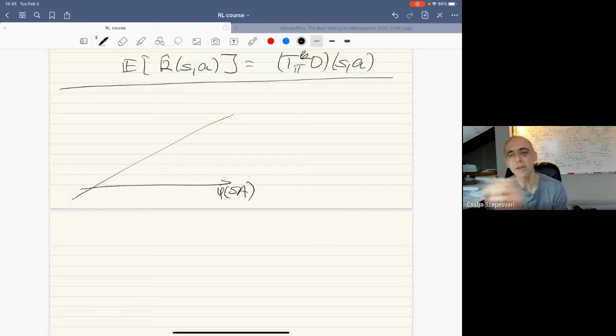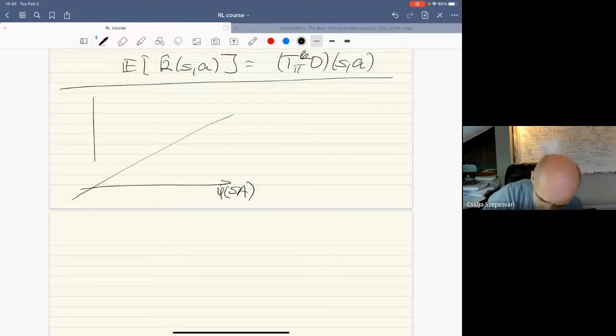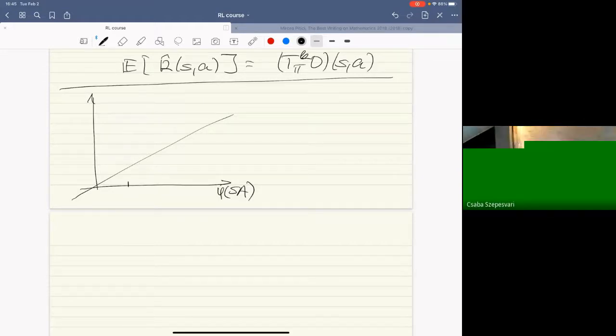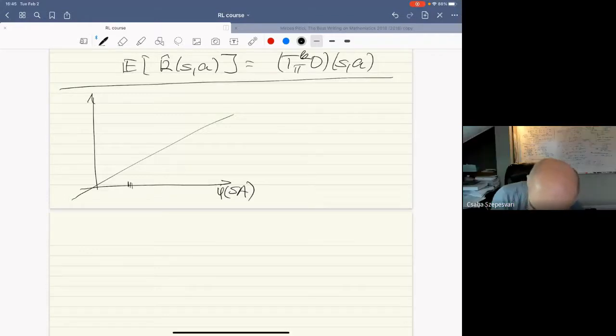As you travel in the feature space, the points combine in a linear fashion to give you the value. If the feature was one dimensional, this is the picture that you would have. If the feature is two dimensional, you have a surface. Can't draw surfaces, so I have to stick with a one dimensional feature space for the drawing. For the different values of state action pairs, you can get features, let's say here, here, here, here. Maybe you can also get this.